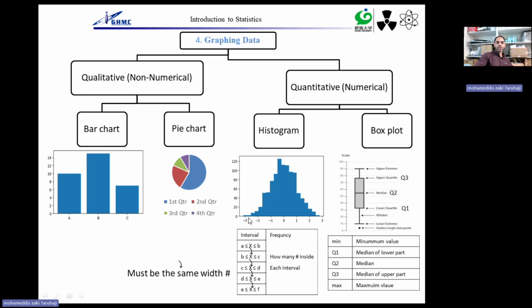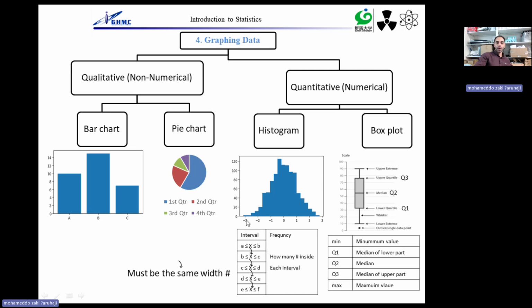For example, in my histogram here, I have -3. So I have to have less than this. My first value has to be less. And then I divide it into 5 parts. Let's say, for example, from -3 to -2. This is my first part.